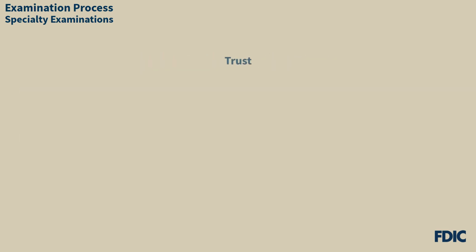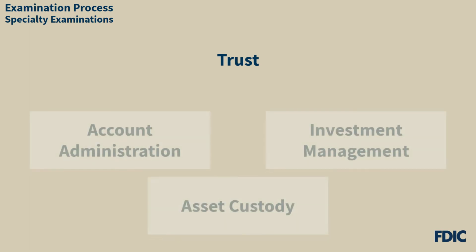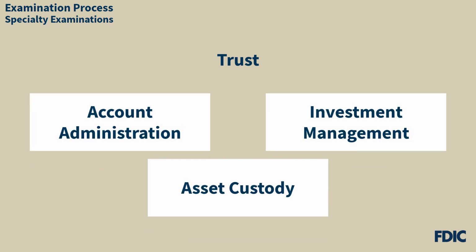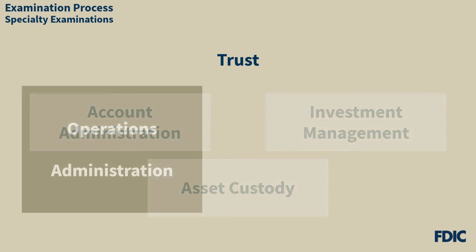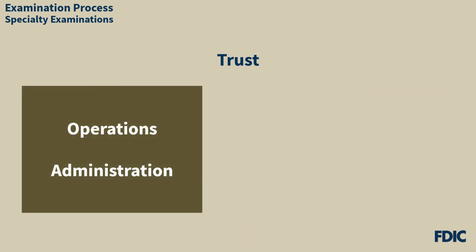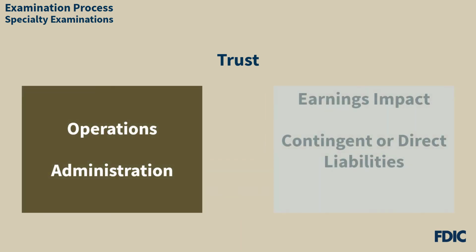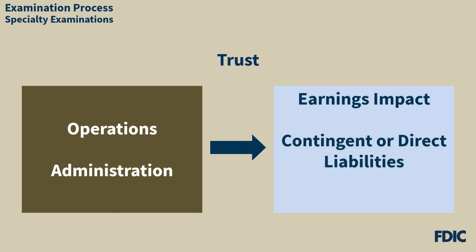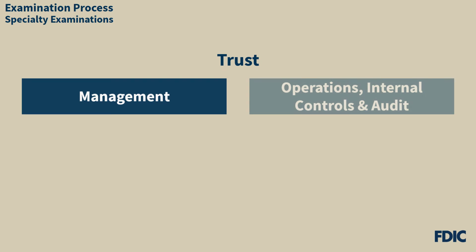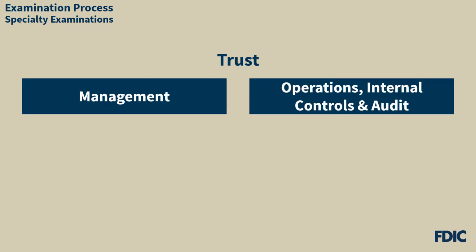We conduct trust examinations at banks that provide fiduciary services, such as account administration, investment management, or asset custody. The purpose of a trust department examination is to determine whether trust operations or account administration issues could result in an impact to earnings, or contingent or direct liabilities that could reduce the bank's capital accounts. 5 areas are reviewed during the trust examination: management, operations, internal controls, and audit.